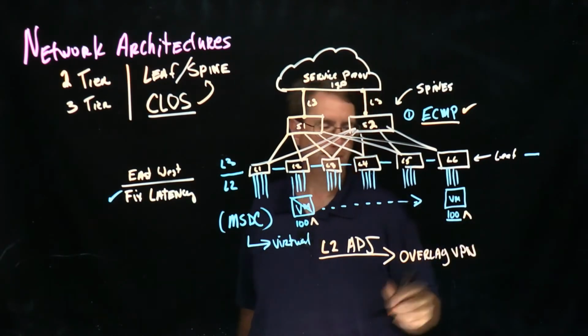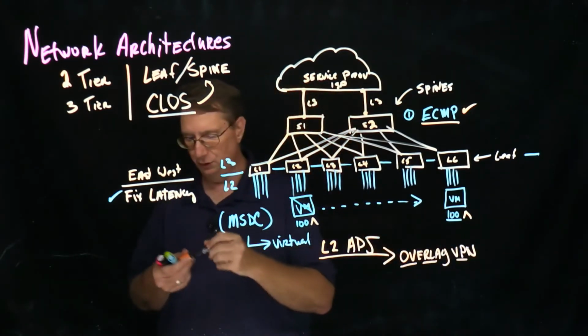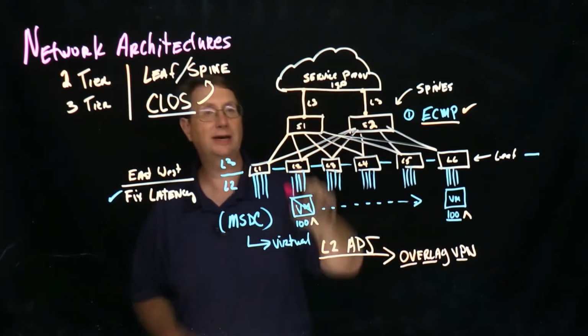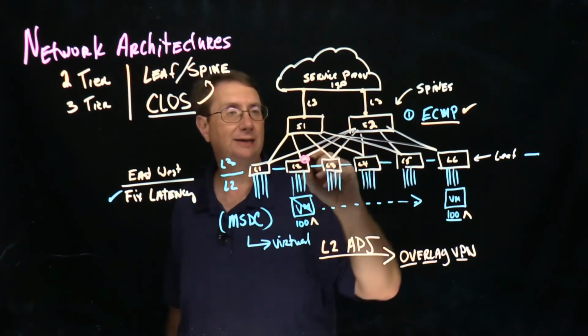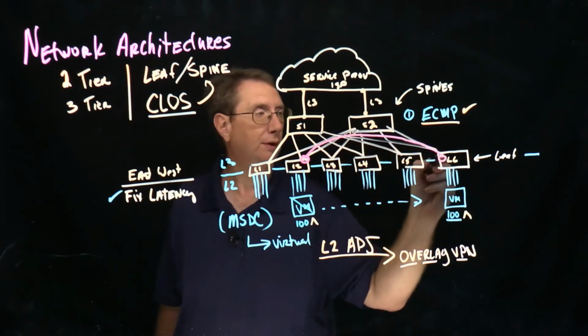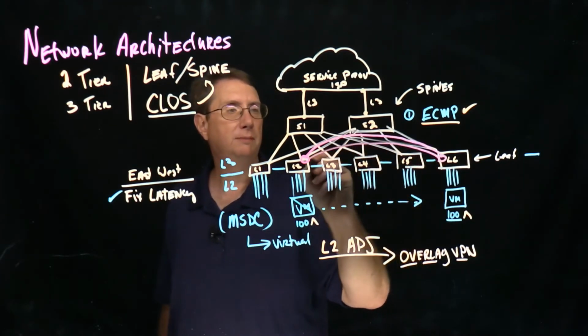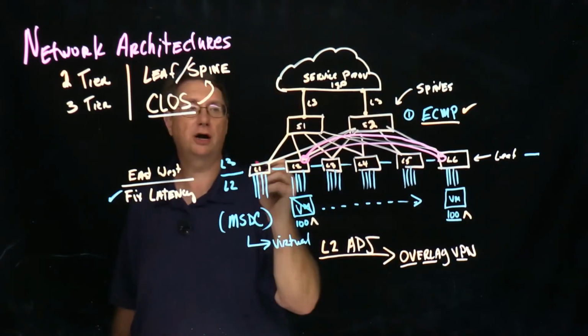VPN. So what we're going to basically do in this scenario is, if I want to maintain layer 2 connectivity, I have to create a layer 2 tunnel that's going to run between the leaves on top of the layer 3 infrastructure.